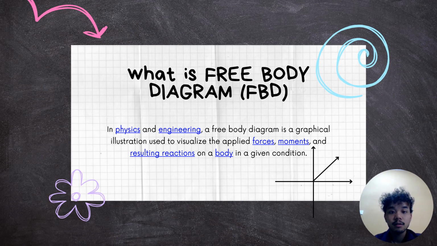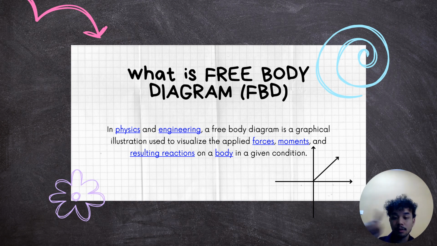So what is a free body diagram, or FBD? Because we often use FBD in the calculation of solid mechanics. A free body diagram is a graphical illustration used in physics and engineering, in solid mechanics, to visualize the applied forces, moments, and resulting reactions on a body in a given condition.